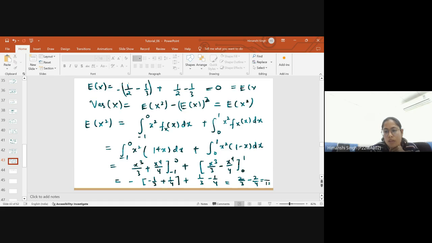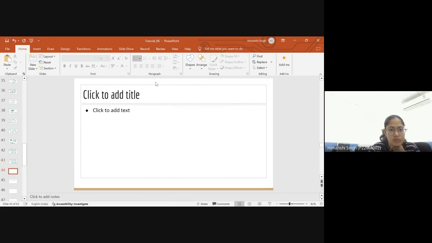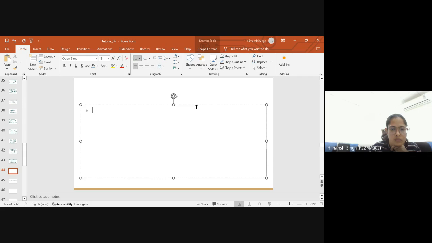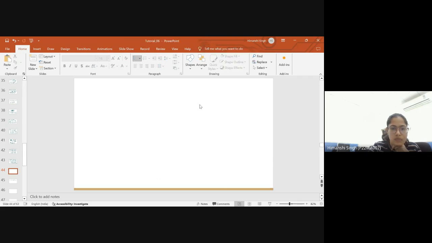It will be 8 minus 6 over 12, that is 1 by 6. So the expected value of x square is 1 by 6.